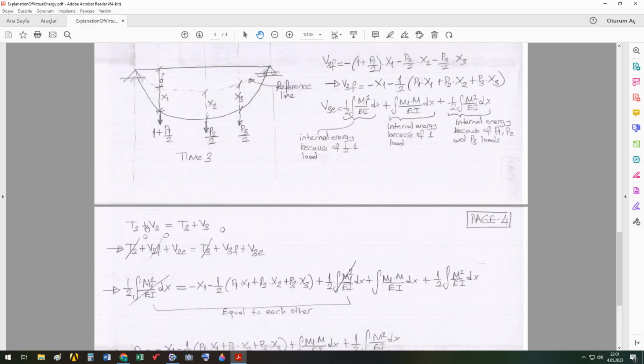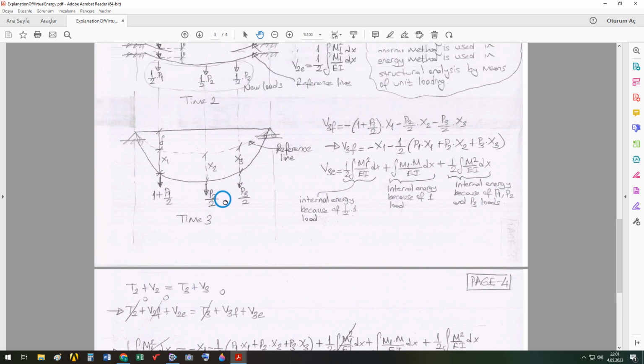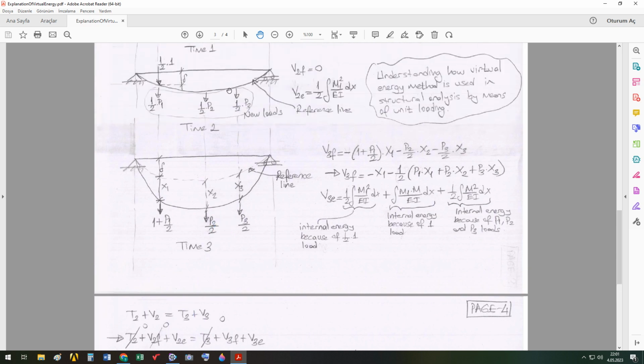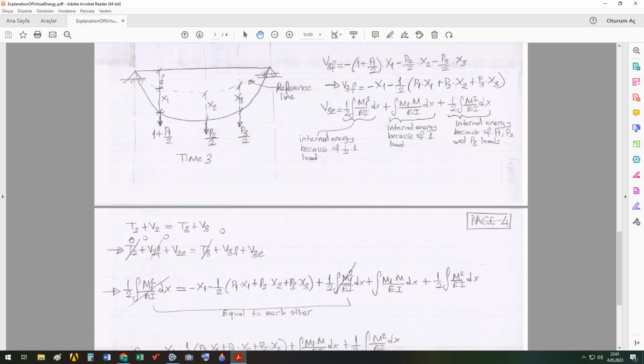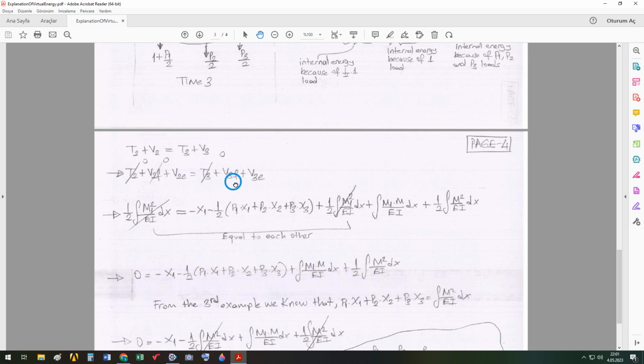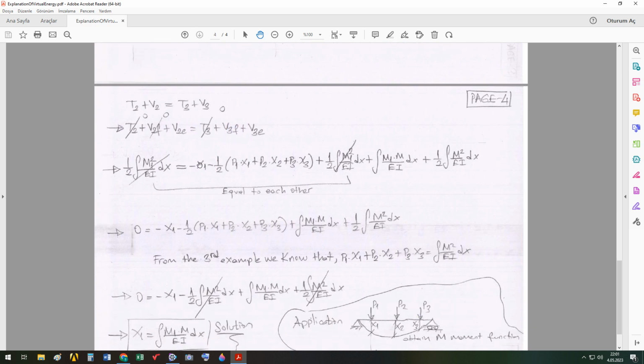And now check that I can write this equation between time 1 and time 2, between time 1 and time 3, or between time 2 and time 3. I prefer here writing this conservation of energy equation between time 2 and time 3.